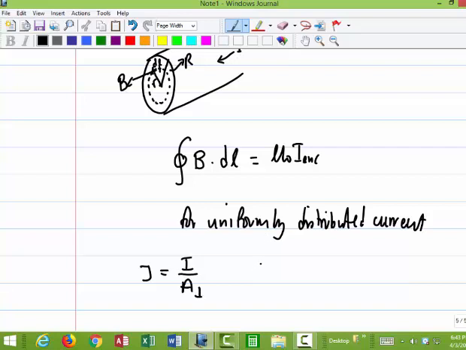So current density is equal to current I prime over the area, let's say A prime. I prime is the current that we are enclosing.